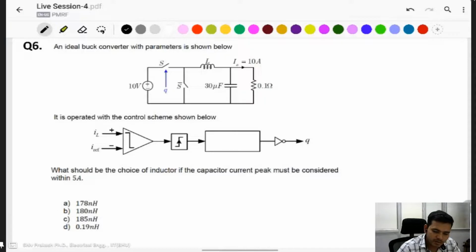This one is given some monostable timer here for the on off control in this box. And this will be 1.8 microsecond. It is not mentioned here.